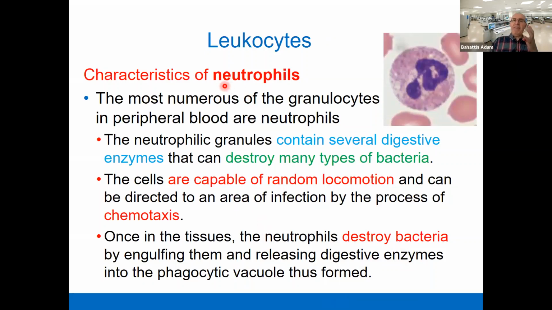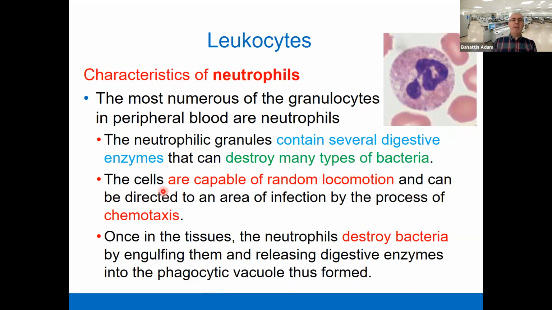There are 5 types of leukocytes in the blood circulation. The most numerous of the granulocytes in the peripheral blood are neutrophils. The neutrophil granules contain several digestive enzymes that destroy many types of bacteria. When they encounter bacteria, they engulf and digest them with the enzymes.